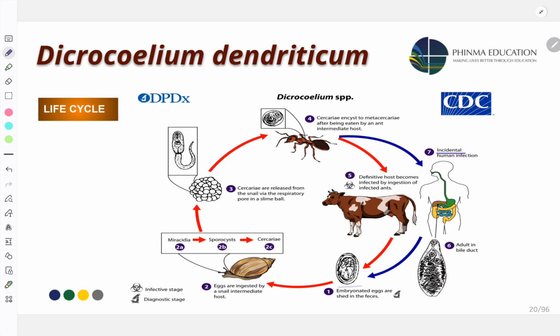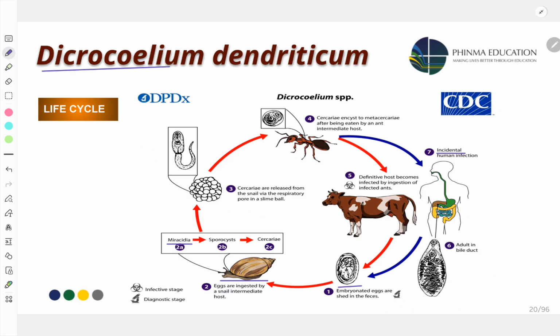So again, life cycle, humans are only incidental host, no? So, di ba the eggs are released sa feces, and then the first intermediate host, no, will ingest the egg, and then the Miracidia will hatch, no, inside the snail. Di ba usually the Miracidia ang mangita sa first intermediate host, but that is not the case sa inyong Dicrocoelium.